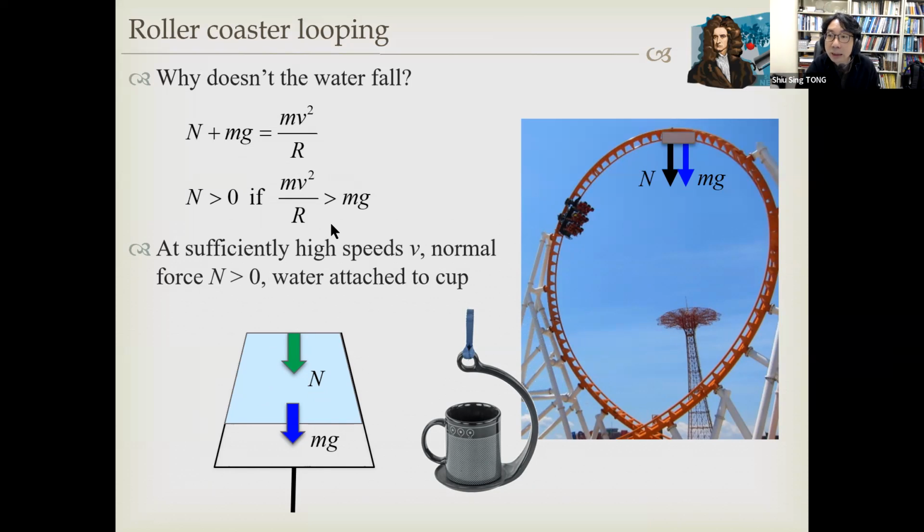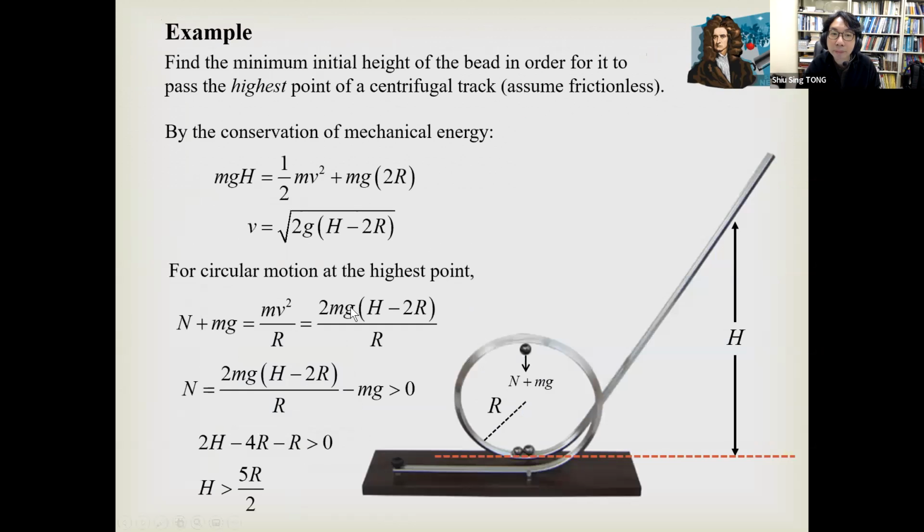And that guarantees that the normal reaction due to the cup acting on the water is larger than 0. That means if I swing it sufficiently fast, then the water will always be attached to the cup without falling down. So that's why the water doesn't fall down, right? Because it's firmly attached to the cup and because N is larger than 0. Okay, now this is a simple demonstration.